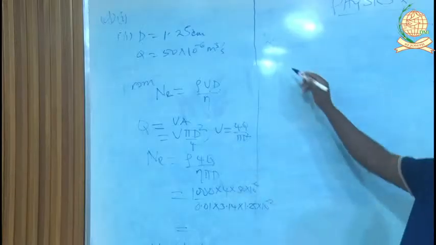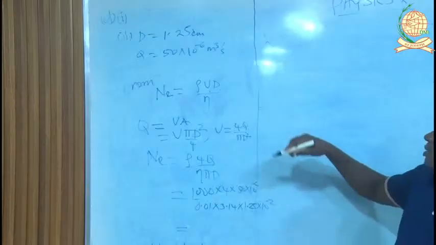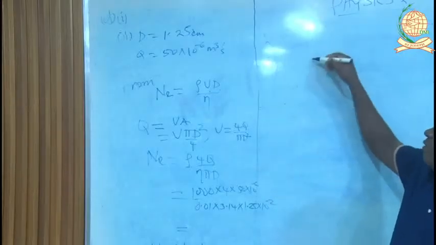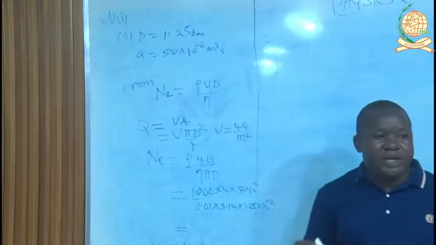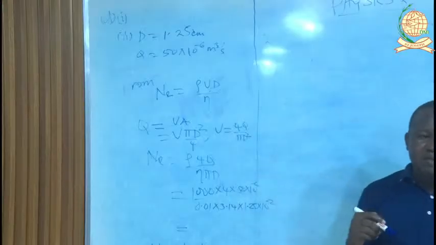That means you have one slit there, you have another slit, then these two waves will meet somewhere and interfere, either constructively or destructively.